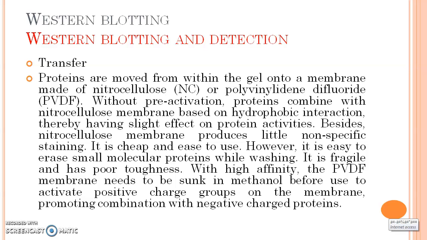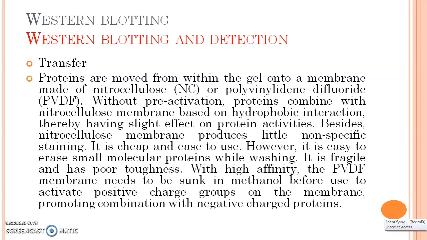Without pre-activation, proteins combine with nitrocellulose membrane based on hydrophobic interaction, thereby having a slight effect on protein activities. Besides, nitrocellulose membrane produces little non-specific staining. It is cheap and easy to use.